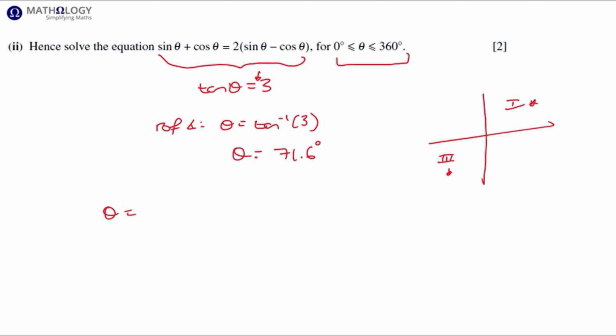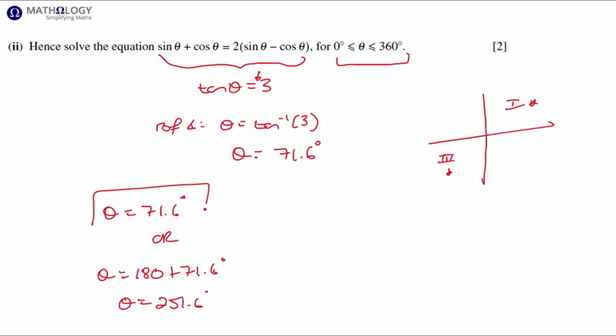So our first solution will be in the first quadrant, so theta equals 71.6 degrees, or theta will lie in the third quadrant, where tan is also positive, which is the quadrant 180 plus theta, so theta will be 180 plus 71.6 degrees, which is 251.6 degrees. So that is the solution. Theta is either 71.6 degrees or 251.6 degrees.